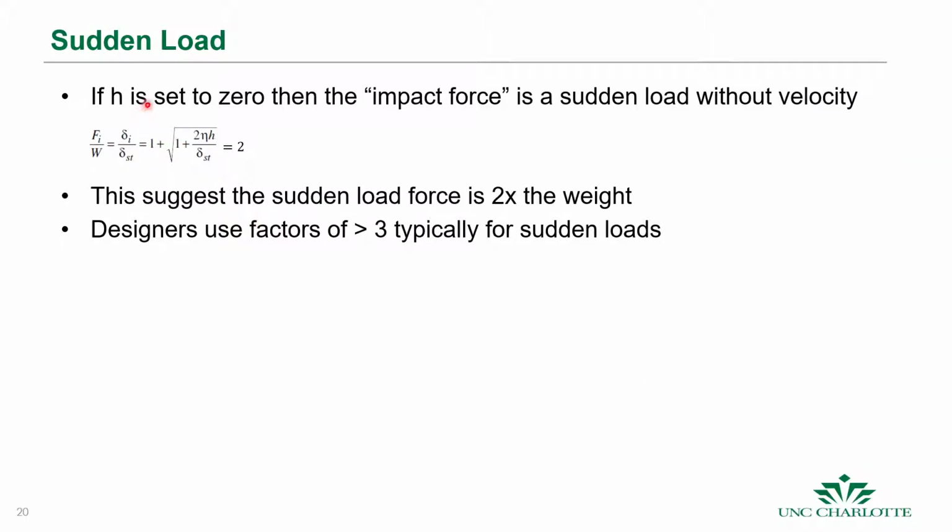And so using this analysis, if we don't have this collision, where we have H as 0, where we just place it on, but we didn't drop it, but we go from zero load to non-zero load, then we still are getting some forces that are initially going to be twice as high as just considering the static weight of that object. Okay. Designers usually use factors of greater than 3 for sudden loads.